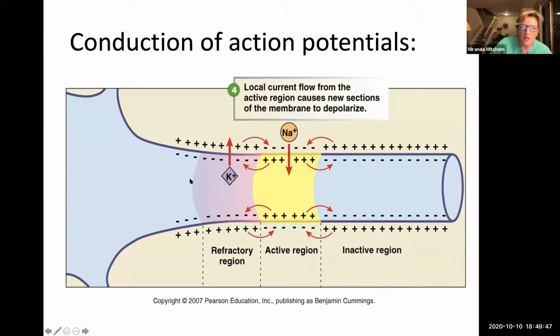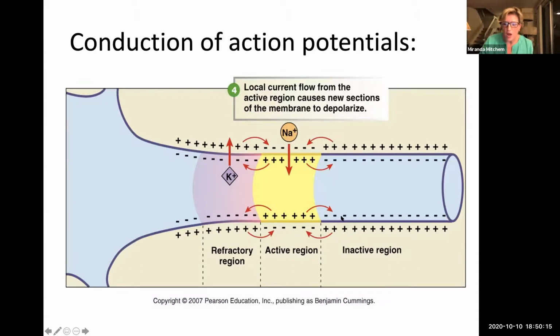So we see that the dynamics of how the electrical current changes feeds into what happens next. For example, if we're in this active region at this time, we'll just start there where we've got sodium moving in. Sodium's positive, so we're going to have a buildup in the charge from the influx of that positive sodium.